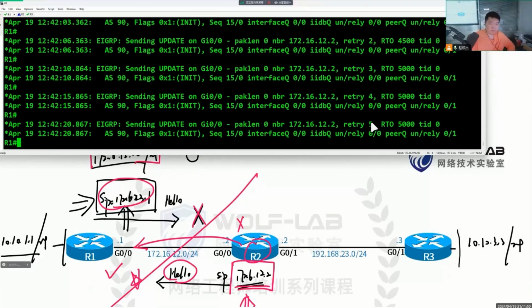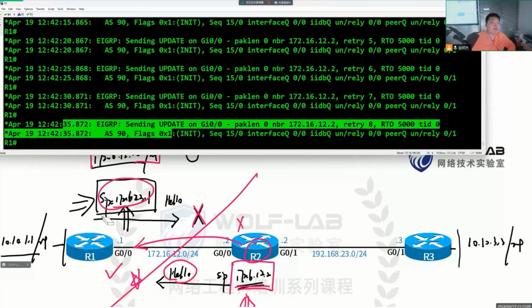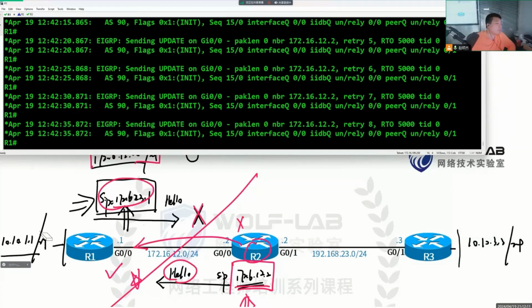Then R1 will actively disconnect the EIGRP neighbor relationship with R2. So this is EIGRP's retransmission mechanism, the 16 retransmissions mechanism. If we establish a neighbor relationship and can't get an ACK for the update packets we send, we will resend, and if we don't receive an ACK after 16 times, we disconnect the relationship.